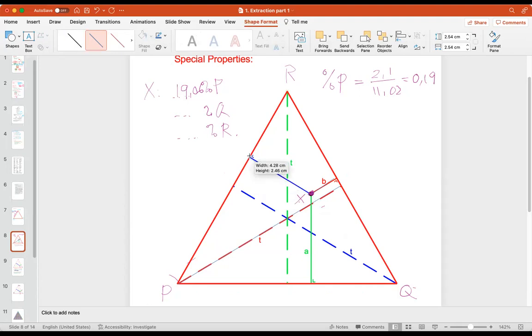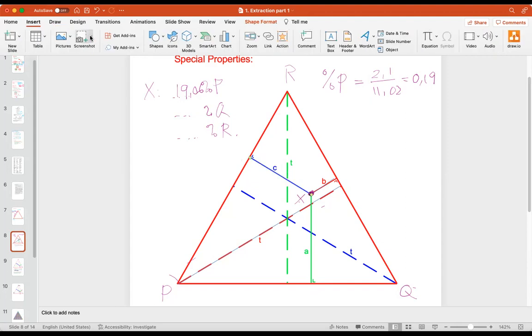So it is 4.28. No, 4.15. And then I add more. The base should be the same, but it's just a little bit different. Okay, just write it, 12.7.